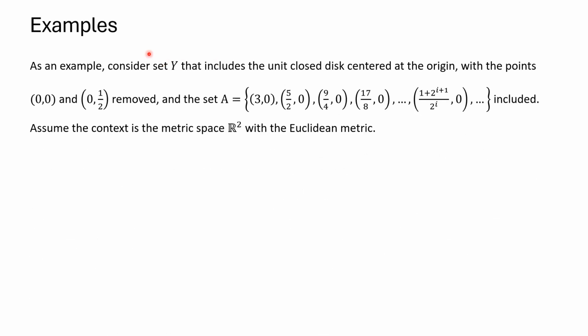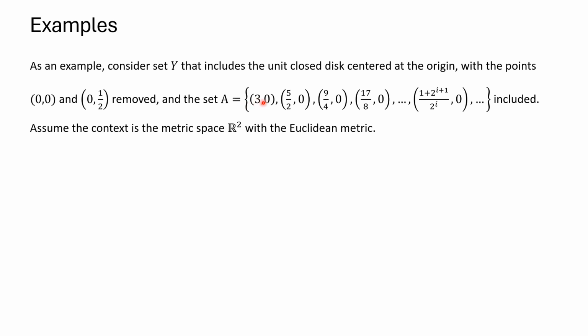Let's look at another example. In this example, I want to illustrate some of the concepts we've talked about so far: limit point, boundary, closure, and so forth. So here's the example. We have a set Y that includes the unit closed disk with the points (0,0) and (0,1/2) removed. So we kind of punctured it in two places.